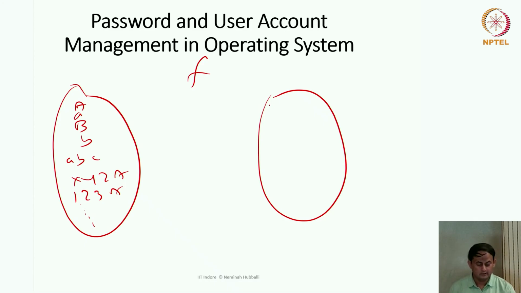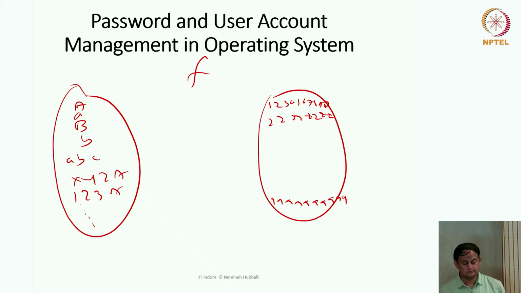So I get 1, 2, 3, 4, 5, 6, 7, 8, 9 and 0, 10 digits.